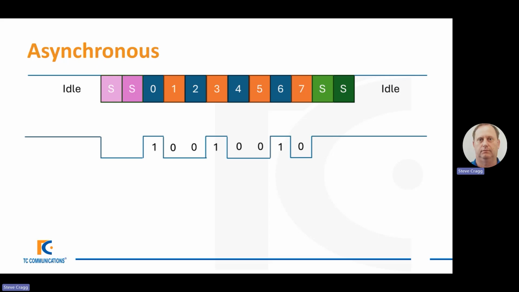So to get around this, what we do with asynchronous is we define on the transmit data line an idle tone. This is where the line is just continuously held as a 1. When you want to start sending data, and in this case I'm showing 8 bits of data, 0 through 7, you would typically transmit 2 start bits, which are zeros.